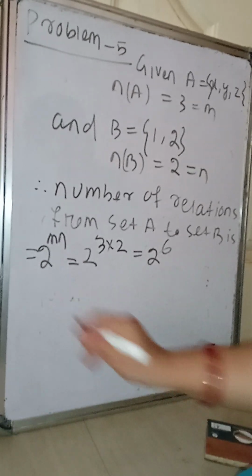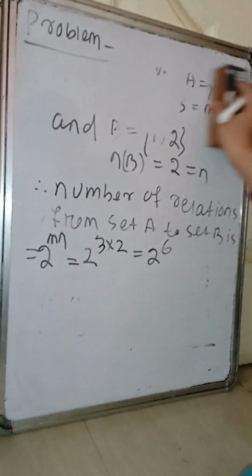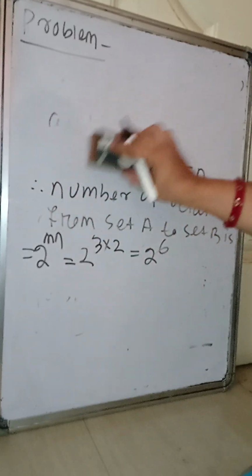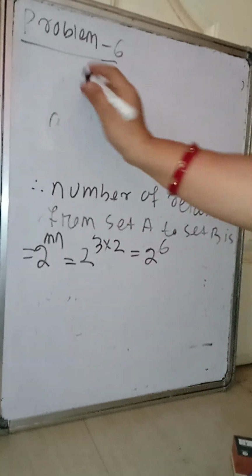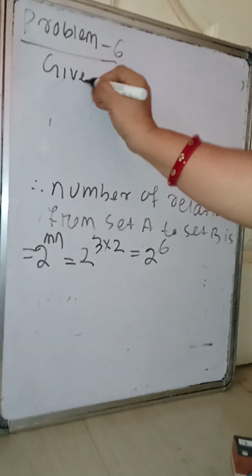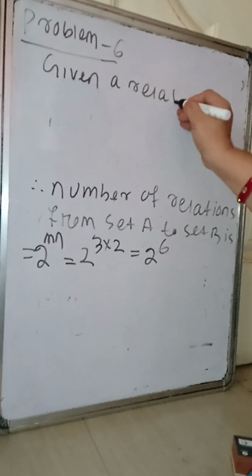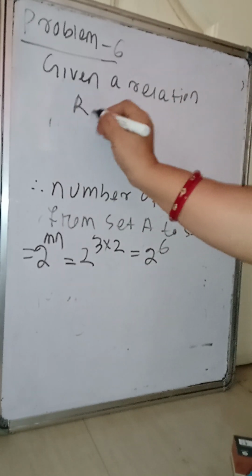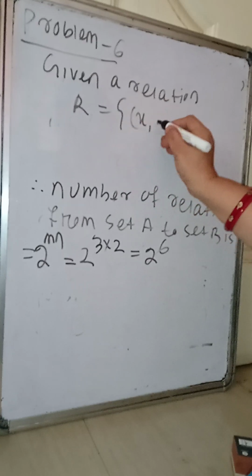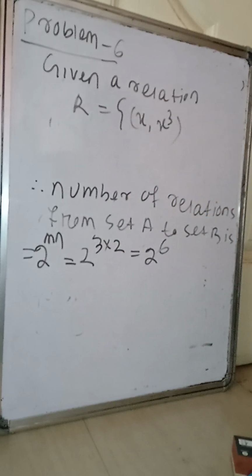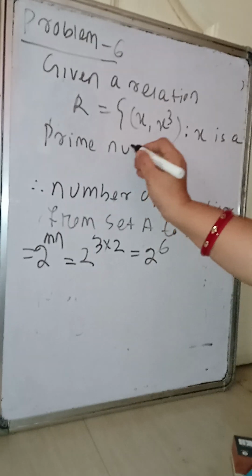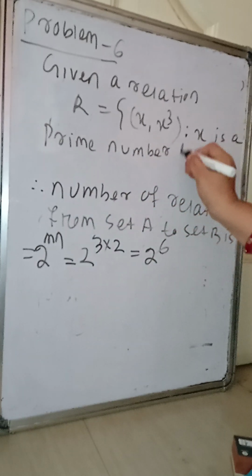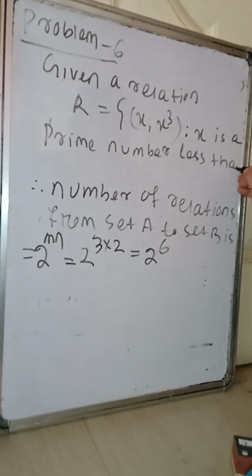Okay. Next, another problem let us discuss. Problem 6. The question is given like this: given a relation R, which is equal to the collection of all the ordered pairs (x, x cube) such that x is a prime number less than 10.